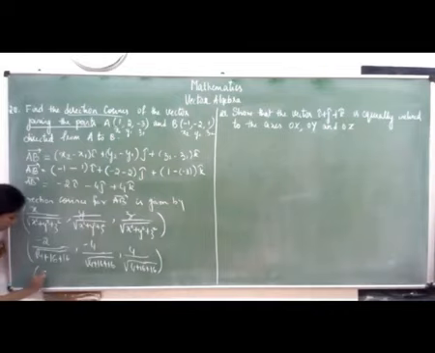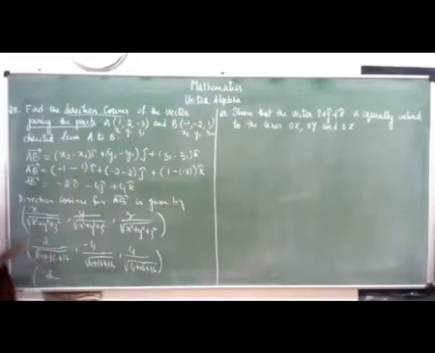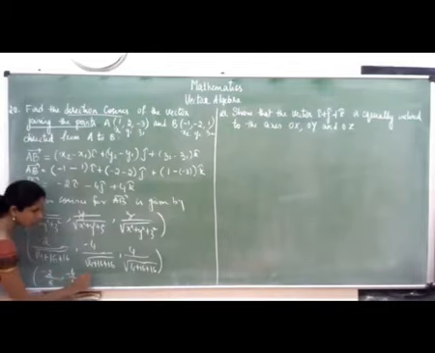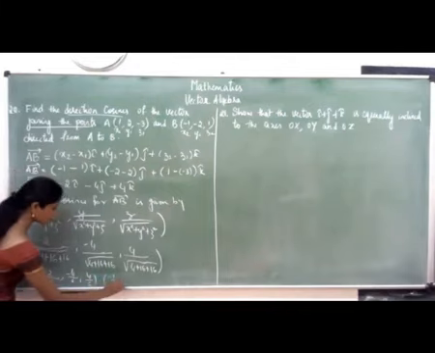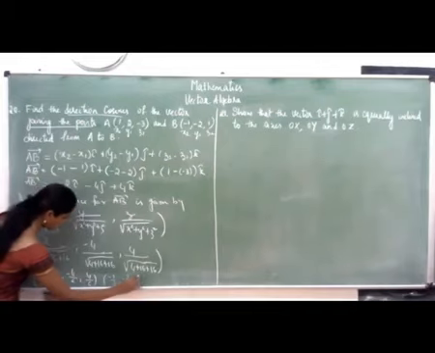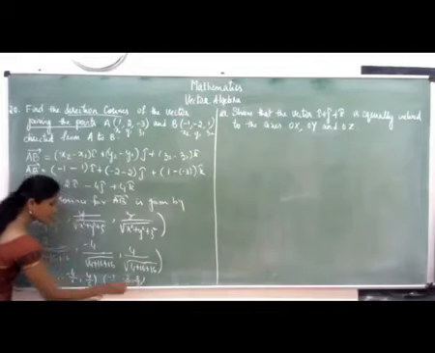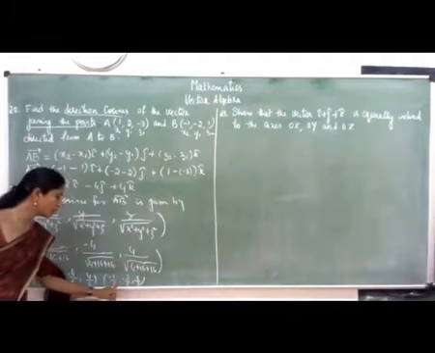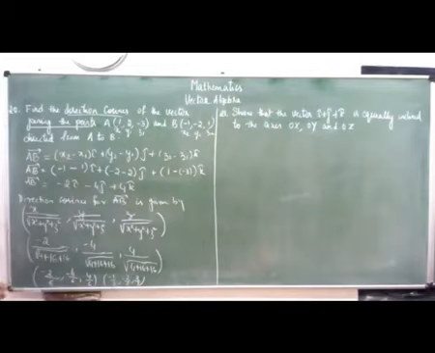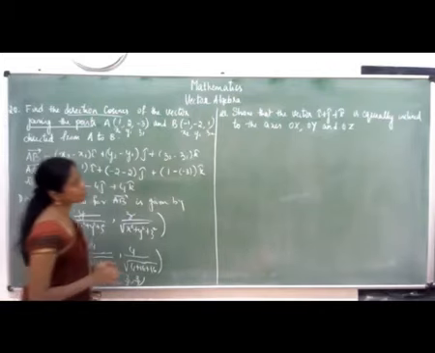So finally you will get minus 2 divided by, 16 plus 4 is 20, 20 plus 16 is 36, root of 36 is 6. Then minus 4 divided by 6, and 4 by 6. Further, if we simplify, this will be equal to minus 1 by 3, minus 2 by 3 and 2 by 3. So the direction cosine for the vector AB is given by minus 1 by 3, minus 2 by 3 and 2 by 3. Next question.